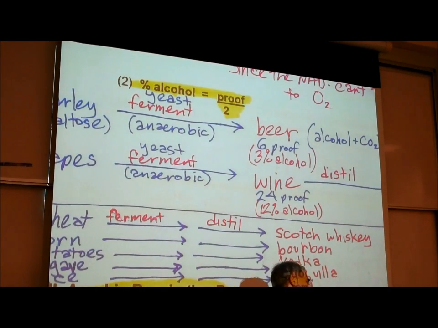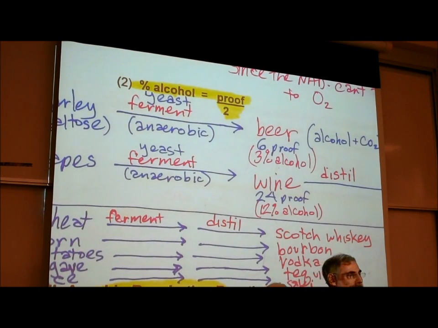Now, the problem is that alcohol actually damages and can kill cells. You may have heard that drinking excessive amounts of alcohol can damage brain cells. It can damage liver cells.